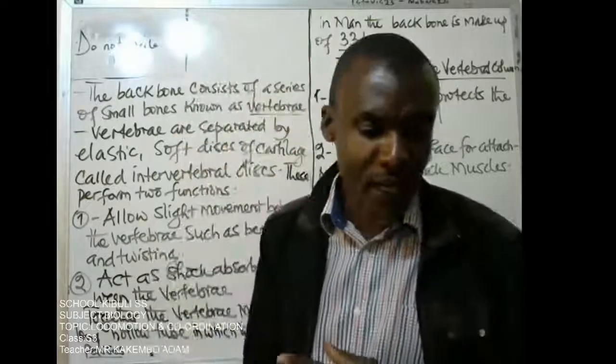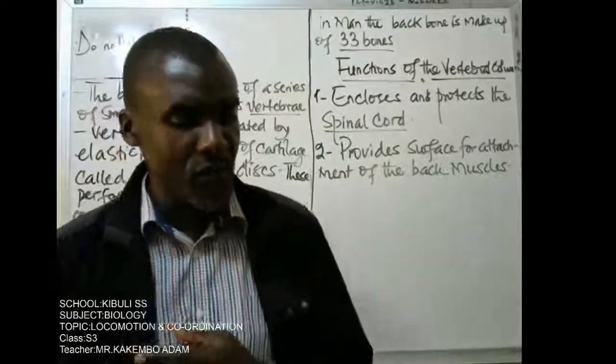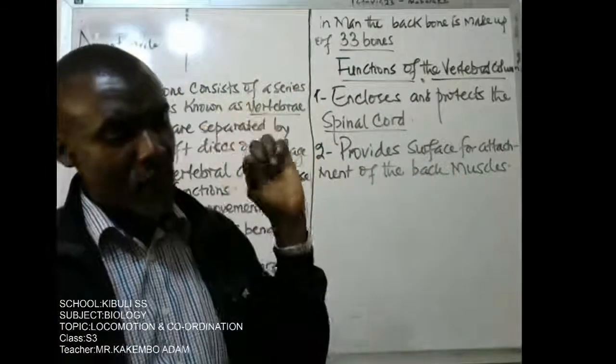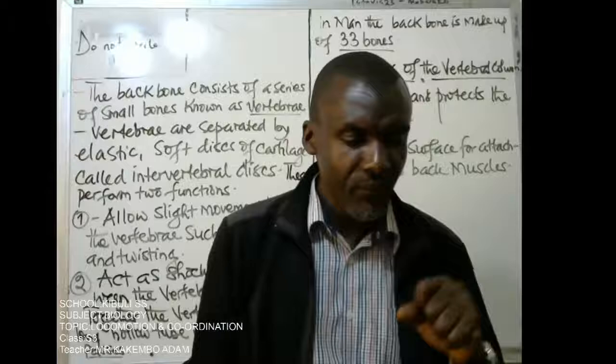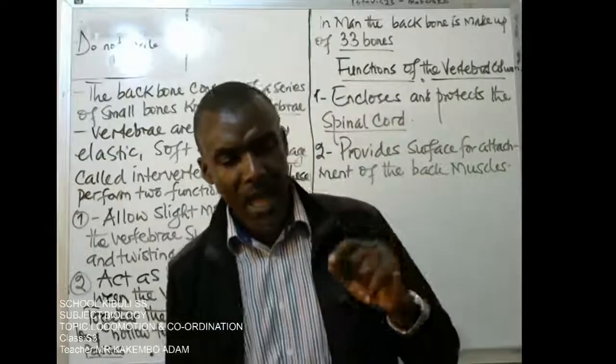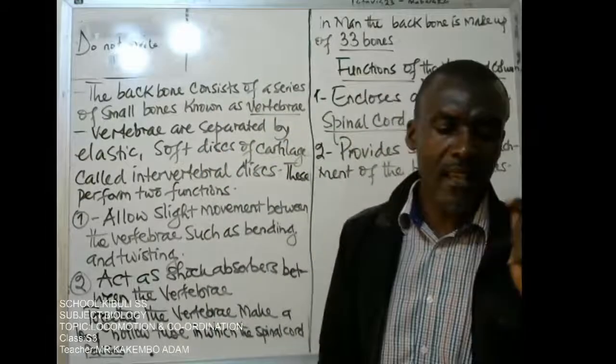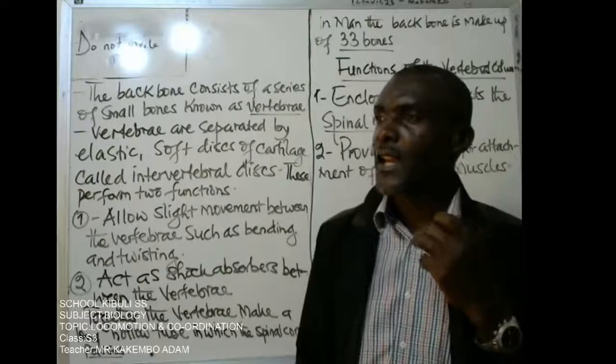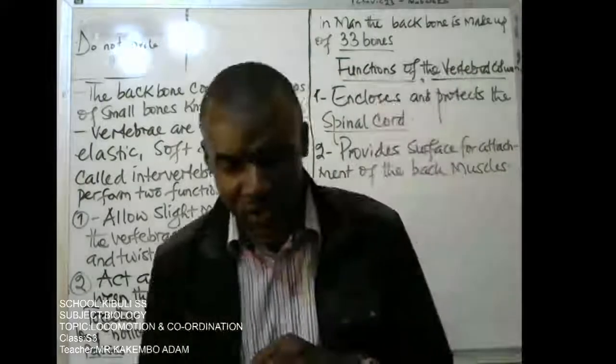So I want us to revise or read more about those different regions of the body from the neck, thorax, abdomen to the tail. Their names, their structures, their functions.